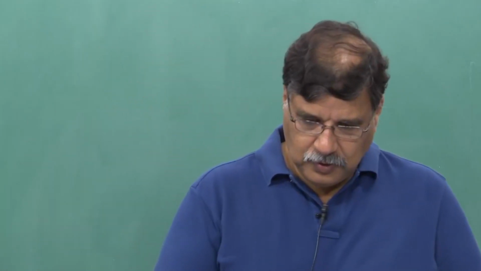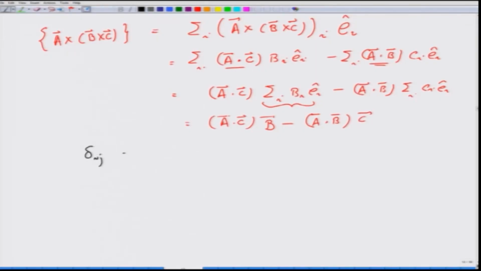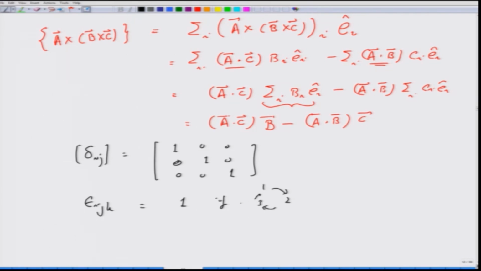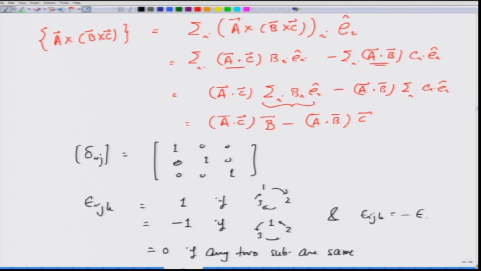So what I have tried to give you through these symbols is delta i j, which in matrix form is an identity matrix, and the symbol epsilon i j k, which is 1 if you make a combination of 1 2 3 in going clockwise, minus 1 if you make the 1 2 3 combination in the counterclockwise or anticlockwise direction, and 0 if any two subscripts are the same, and epsilon i j k is equal to minus epsilon i k j, or it is also equal to minus epsilon j i k.